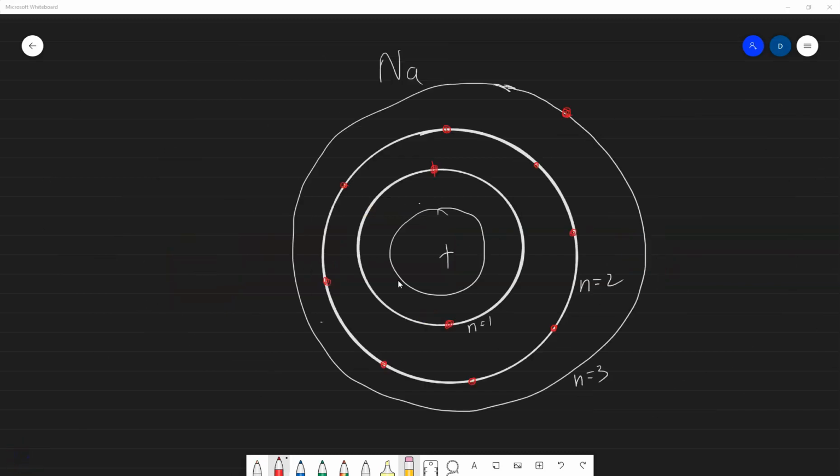Now let's go deeper into this concept of a shell. So now we know that electrons live in a shell, and these shells are given numbers starting from 1, which is the shell near to the nucleus, then shell number 2 and shell number 3. Sometimes these are also called the principal quantum number.